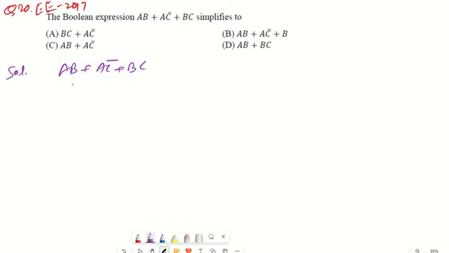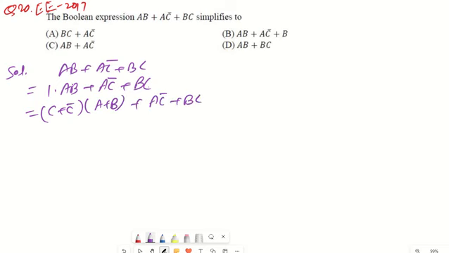Alright, we will try to solve it properly. Let us try to understand 1 into (AB plus AC bar plus BC), right? Now this 1 can be written as C plus C bar. I have already explained how to solve these kinds of questions.